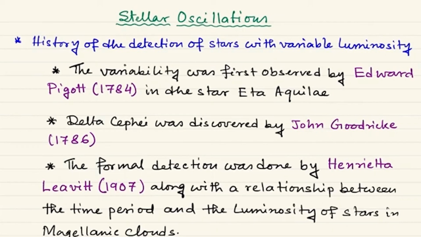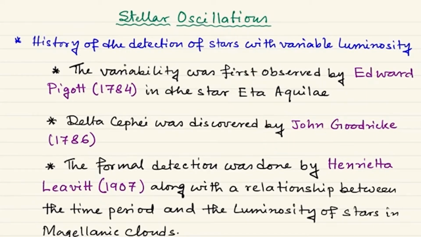For the first time, the variability of such a star was observed by Edward Pigott in the year 1784, in the star Eta in the multiple star system Aquila. The star's name is Eta, the Greek letter Eta.